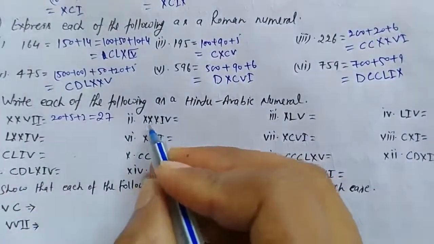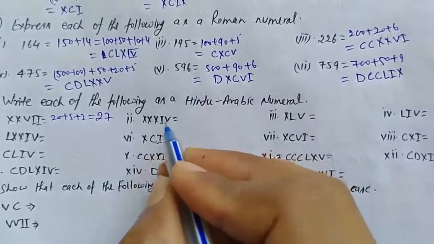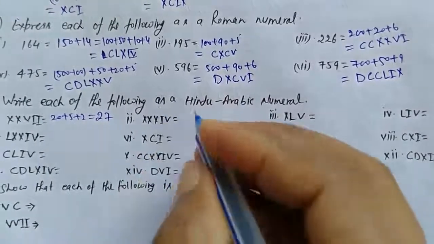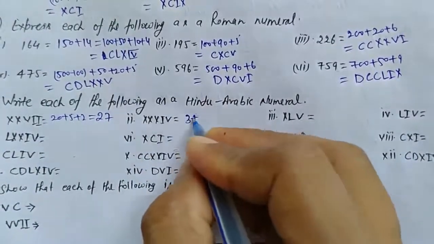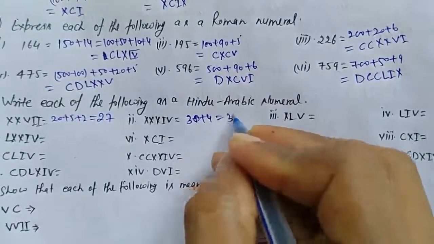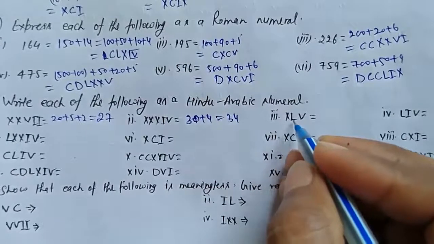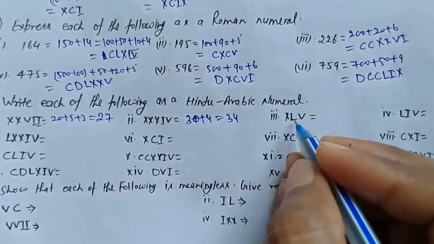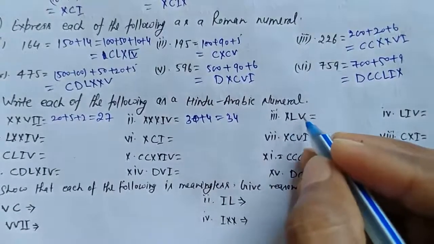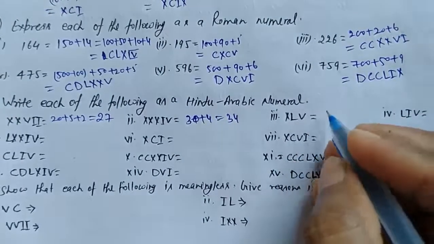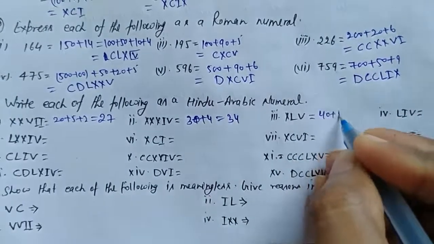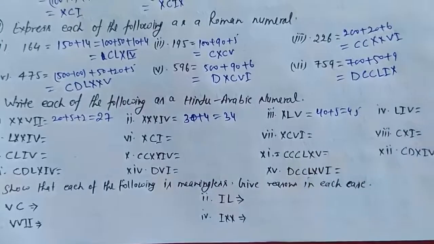Here XXX, that is 30. IV represents 4, that is 30 + 4 is 34. XLV. X is a lower number than the right side, which is L. The XL is 40 and V is represented 5, so that is 40 + 5, 45.